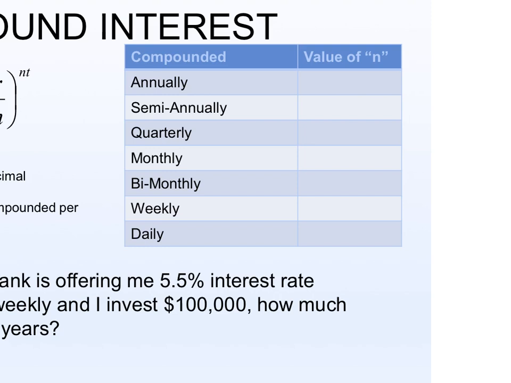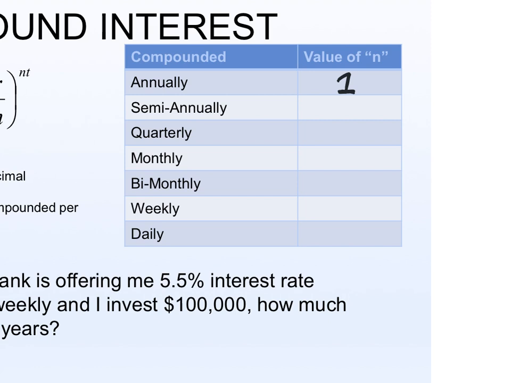So, if something is compounded annually, that means per year, one time. So, if they tell you something is annually compounded, then that means your N value would be 1. All right? If they say it is semi-annually, okay?